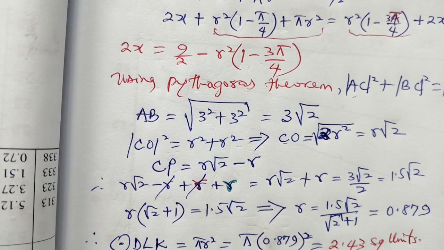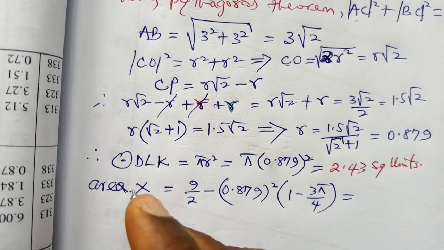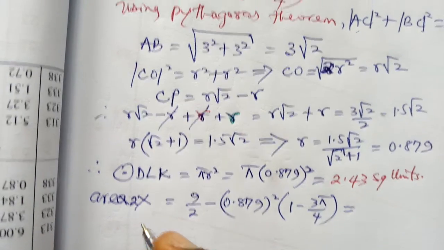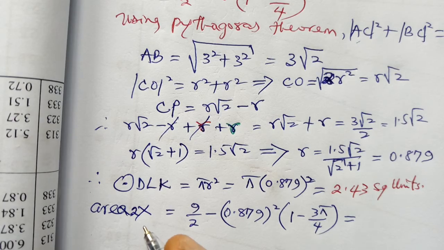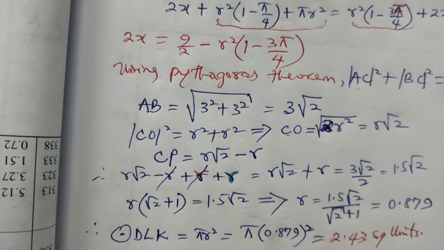That's what you get for 2x. So that x will be half of that.